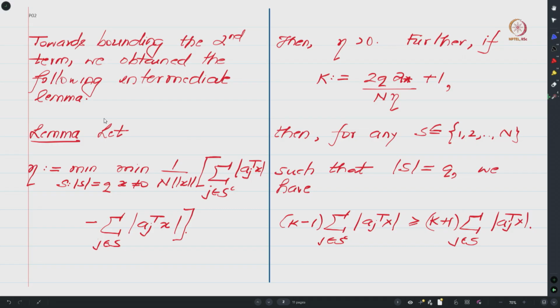What this intermediate lemma said was that suppose eta is defined in the following way, and k is defined with respect to eta in the following way, then for any S which is a subset of the row indices of your matrix A which correspond to the coordinates of your y vector, such that the cardinality of S is q, such an inequality holds.